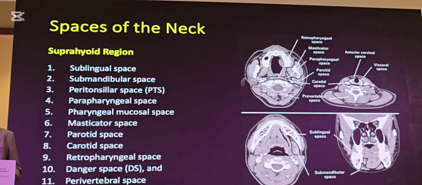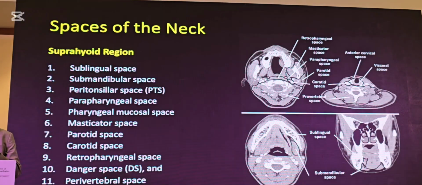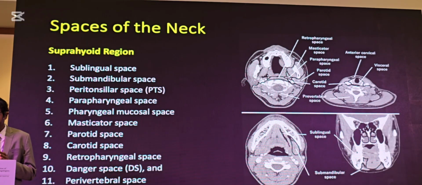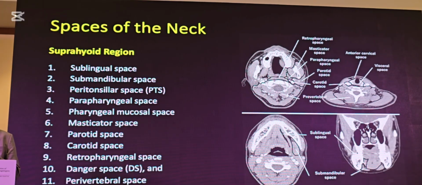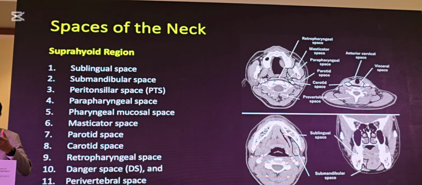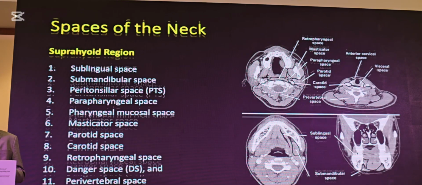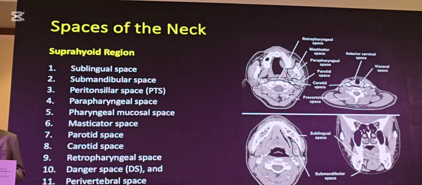Clear? And posterior to that is the parotid space, where you have the parotid gland. Medial to that and posterior to the masticator space is the parapharyngeal space, where the carotids, styloid process, everything will be there. So that will become divided as pre-styloid compartment, post-styloid compartment, etc. And a little more medial, or the midplane, is the retropharyngeal space.